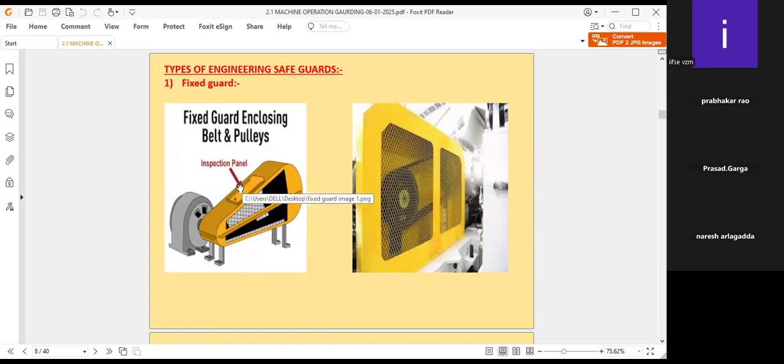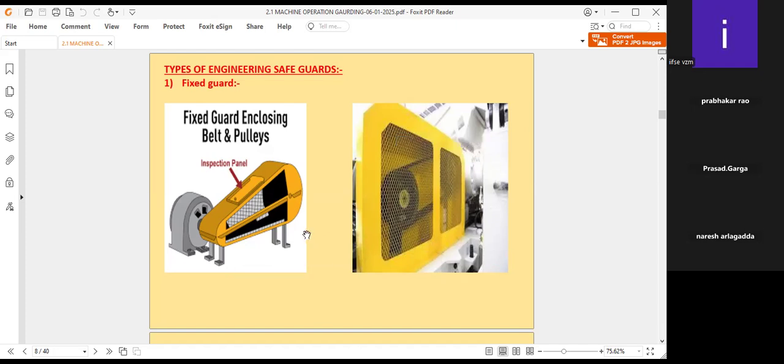It becomes a usual practice. It becomes a fixed guard, but with bolt and nut, not welded. It is also a fixed guard where the frame has to come off as a whole after removing the lock by that area. This is called a fixed guard.